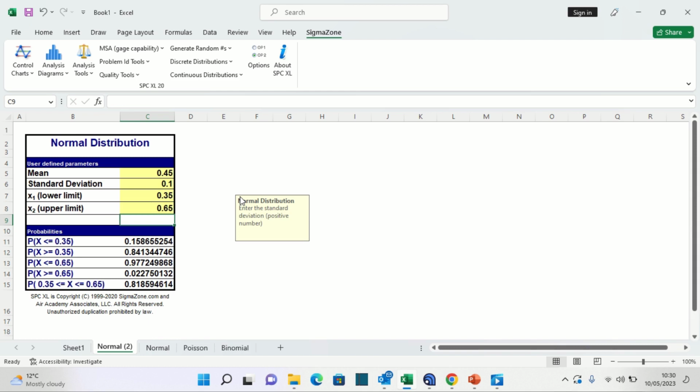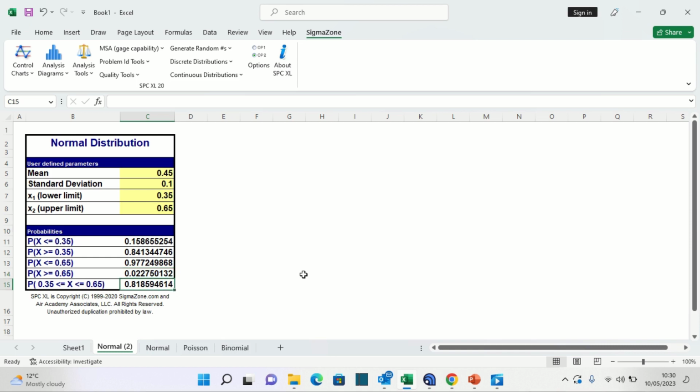And now it gives you the two tails. So if I look at the top answer there, how much of my data will be less than or equal to 0.35, the bottom tolerance? 15.8%. If I look at the fourth answer, how much of my data will be greater than or equal to 0.65, 2.2%. And the bottom answer says how much of your data will be between the two tolerances?